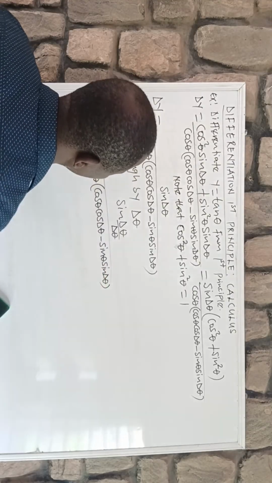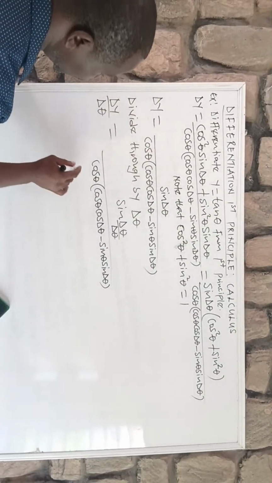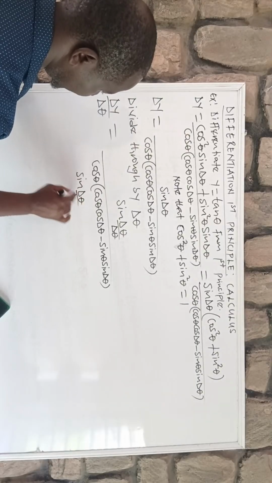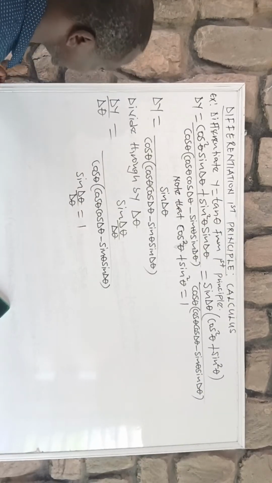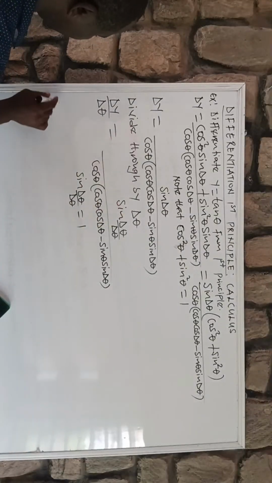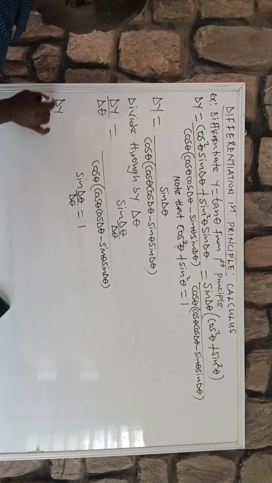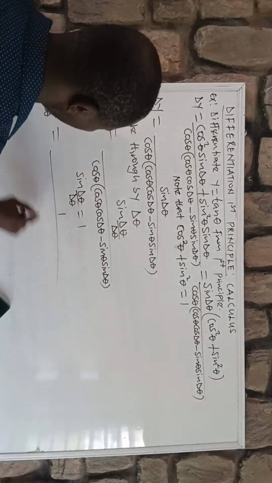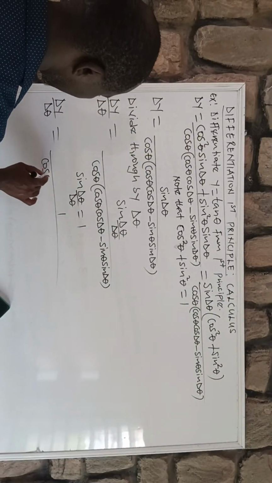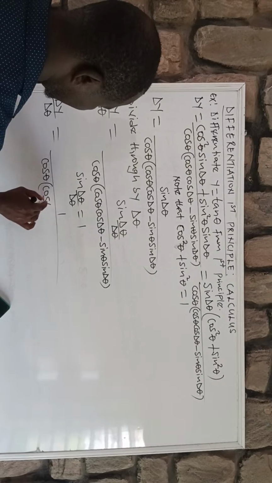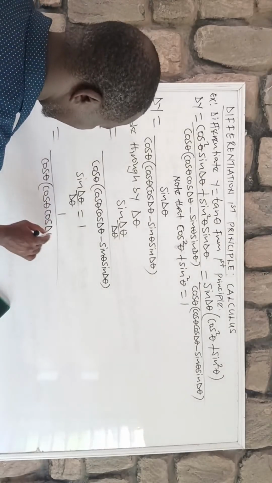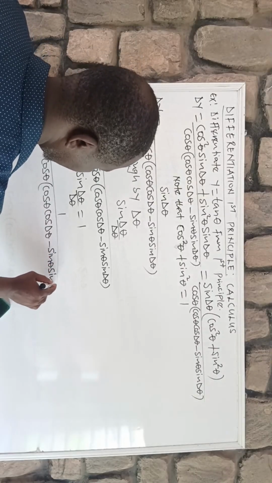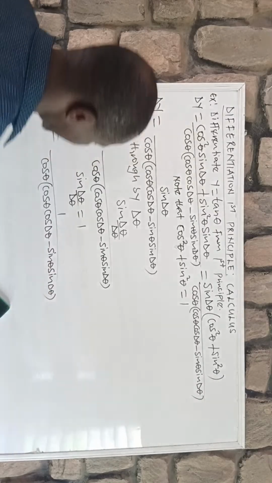Okay. So I want us to note that sin the theta all over the theta is equal to what? 1, right? So therefore this will be 1, then dy all over the theta will now be equal to 1 all over cos theta open bracket cos theta cos the theta minus sin theta sin the theta, close bracket.